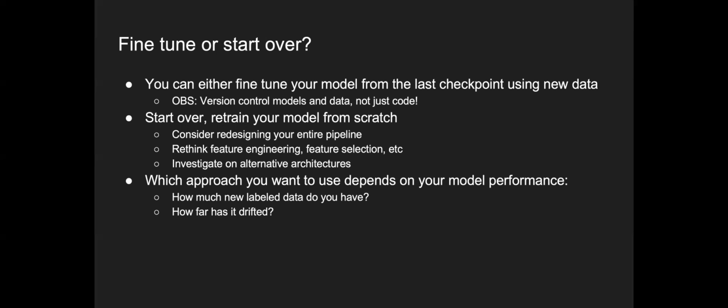Which approach you want to use depends on your model performance and how much new label data you have. If you have enough data, then you can just throw away the old data and train on the new data. Also look at how far the data has drifted.